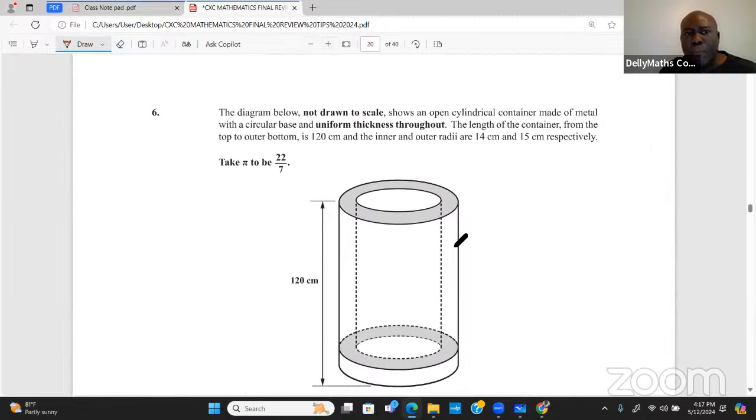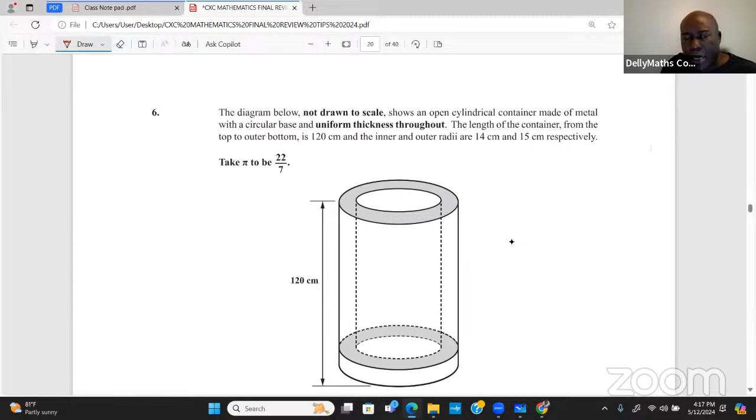It says, diagram below, not drawn to scale, right? It's not drawn to scale. We're not going to try to look at anything and predict anything, all right? We're going with information. It shows an open cylindrical container made of metal with a circular base and a uniform thickness throughout, all right?